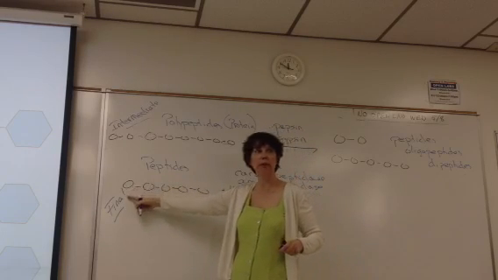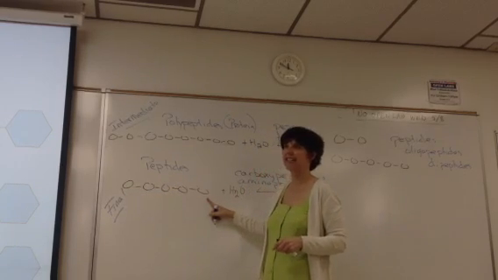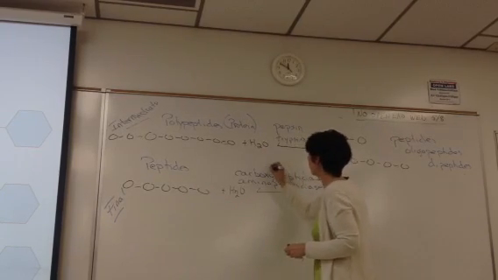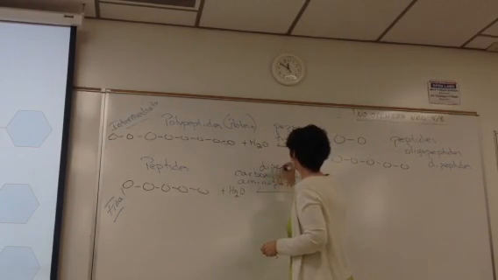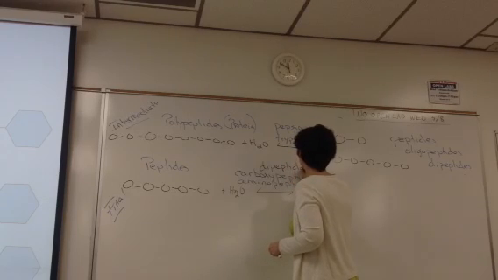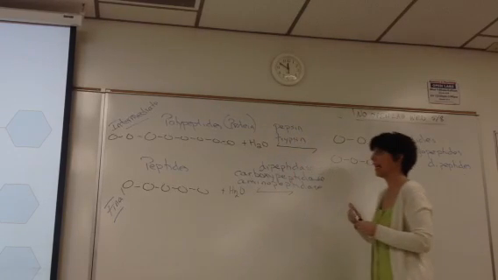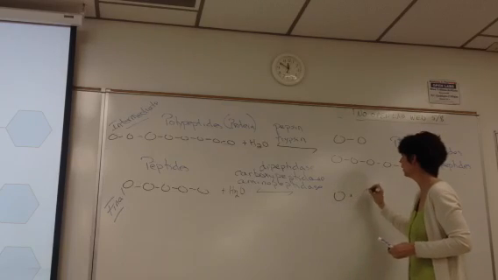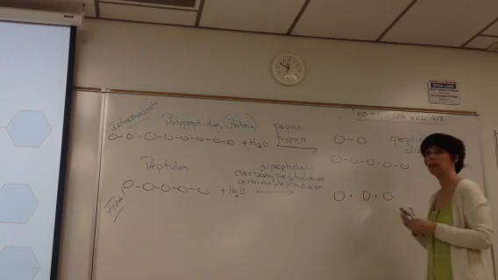So we have an amine group, and then we have an acid end, the COOH, our carboxyl end, right? And then we have dipeptidases. And then again, our final product is going to be individual amino acids.